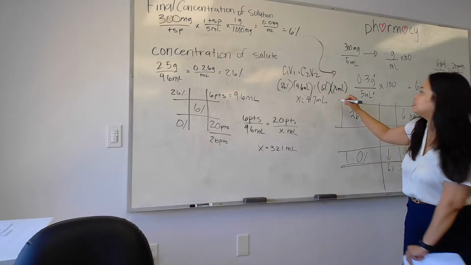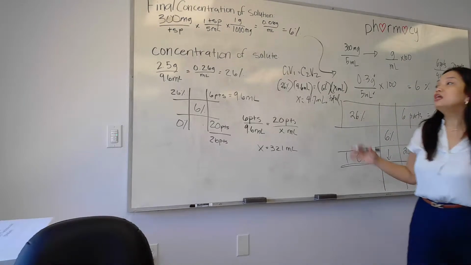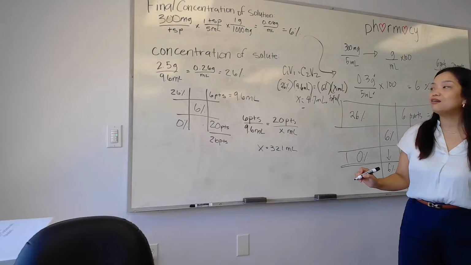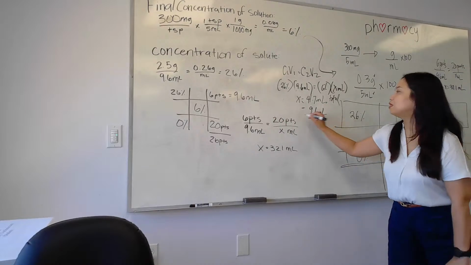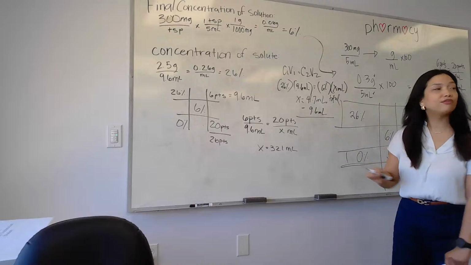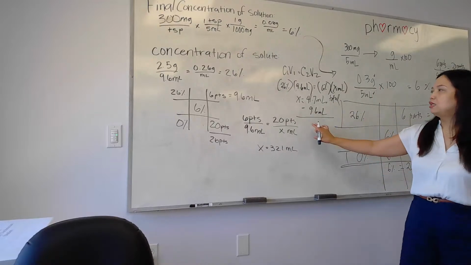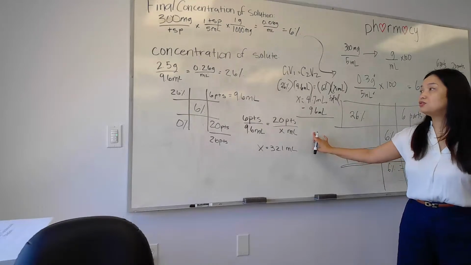The problem is this is the total. And how do you solve to get the water only? 41.7 minus 9.6 ml, which is the first concentration amount, 26%. And that's how you get water using C1V1 equals C2V2.